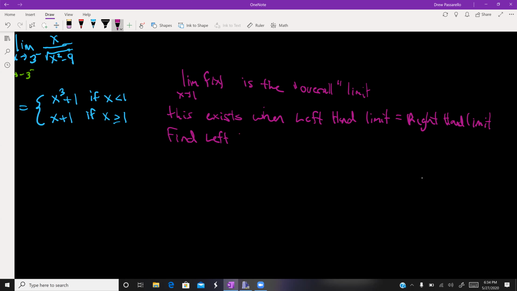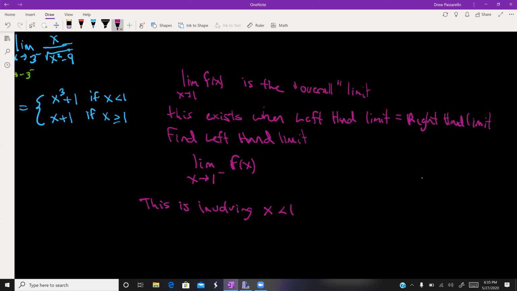So find the left-hand limit, and that'll be the limit as x approaches 1, and since I'm coming from the left, it'll have that minus sign, of f of x. Now these are x values to the left of 1, values that are less than 1. So this involves x being less than 1 if I'm approaching from the left.